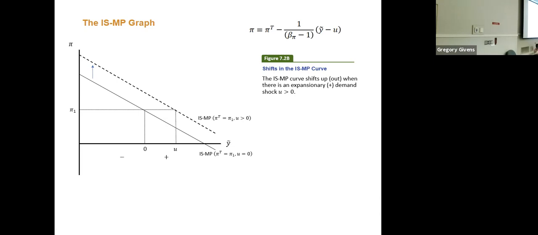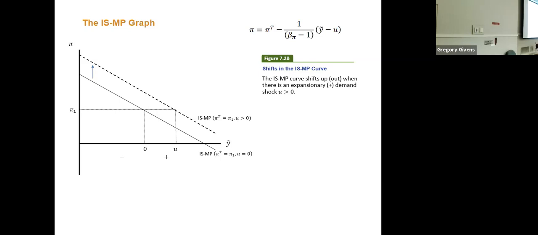And you can see that directly from the equation, right? Imagine for a moment that inflation is equal to pi 1, which is also target inflation, okay? Then pi minus pi t is equal to 0, and in that case, the output gap is simply going to be equal to the size of the demand shock.